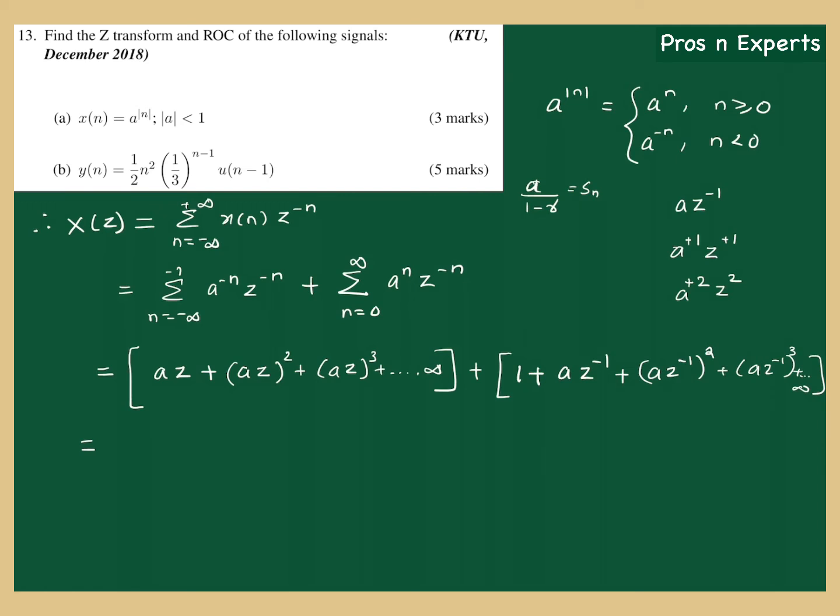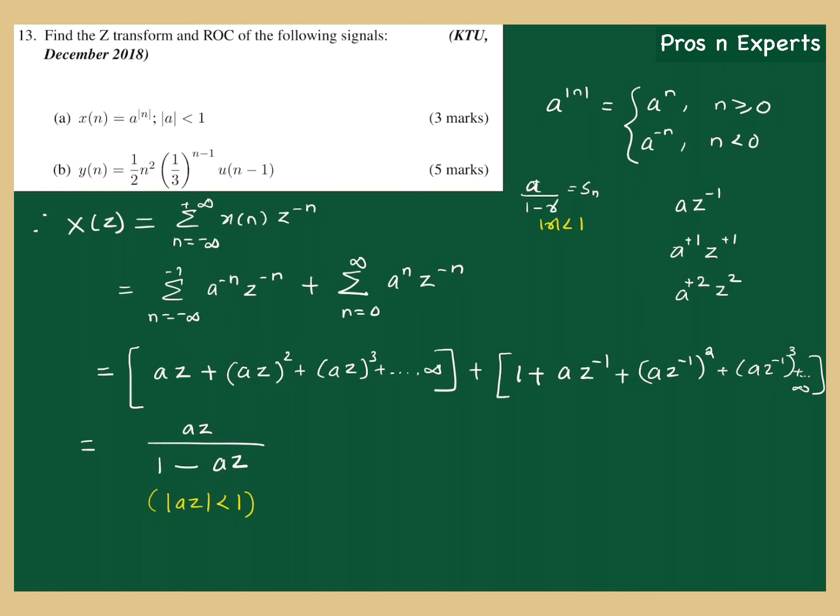A is the first term, so the first term is az divided by 1 minus r. What is r? The common ratio is a into z. But in taking so, we have to assume that mod r is less than 1. So here mod r is given by mod az is less than 1. It is needed to calculate the ROC because it is specified in the question.